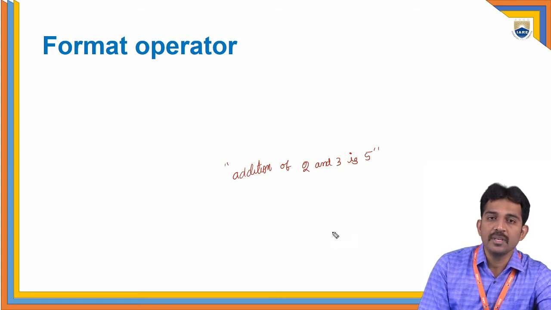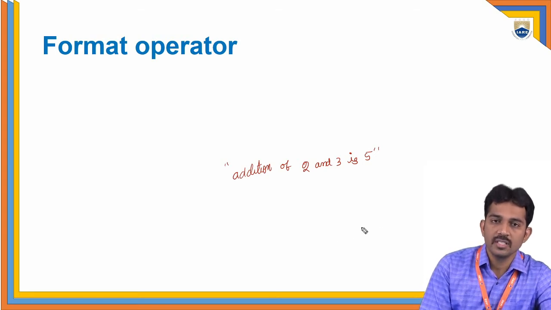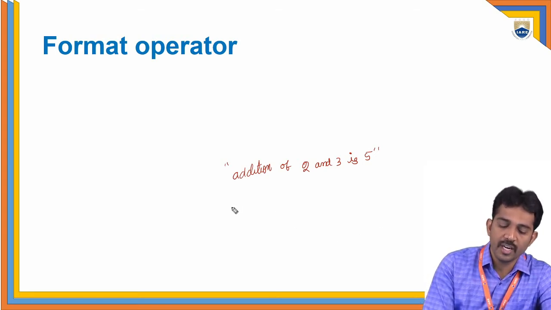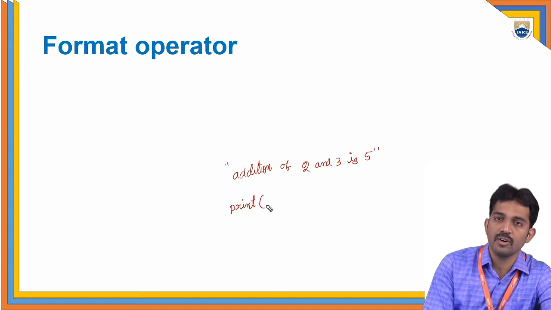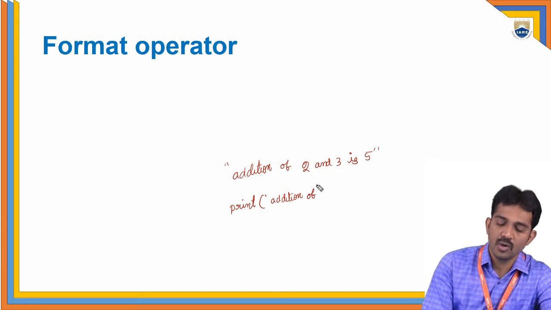If you want to print the same message, see, using print without formatting is also possible, but you need to write like this. Print of, first you need to write addition of, and you close the quotes.